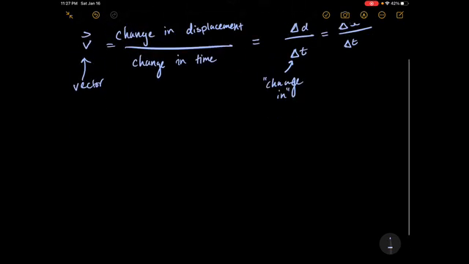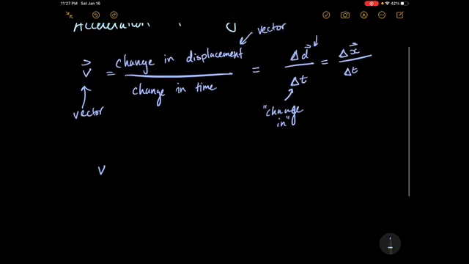Speed, on the other hand, is a scalar value. It only has a magnitude. Speed would be written without this arrow symbol. People sometimes use just an arrow. I'm a little lazy, I guess. I just write down the top hat. But both are correct notations. V just refers to speed, which is a little different from velocity. Velocity, remember, is a vector. Speed is just a scalar, so it only has a magnitude-based value.